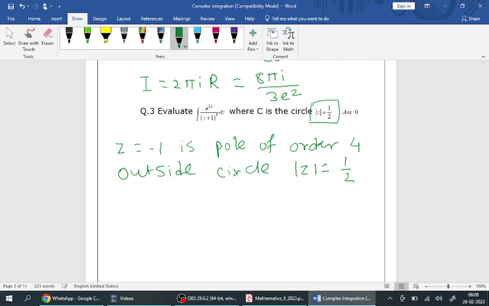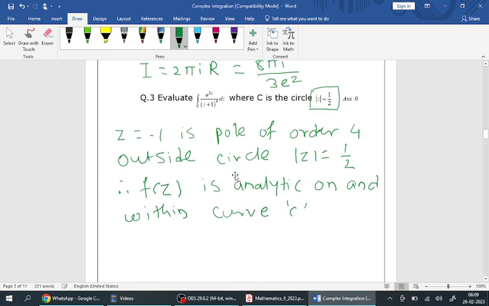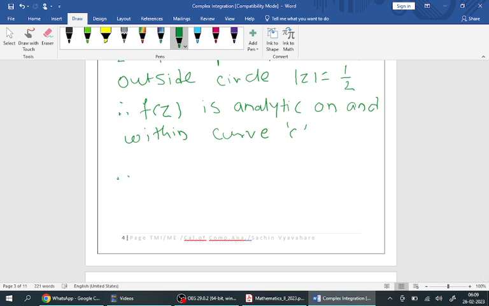Means, therefore, f(z), whatever the integrand we are given, is analytic on and within the curve C. Hence, by Cauchy's theorem, the integration of f(z) dz over the curve C is 0.